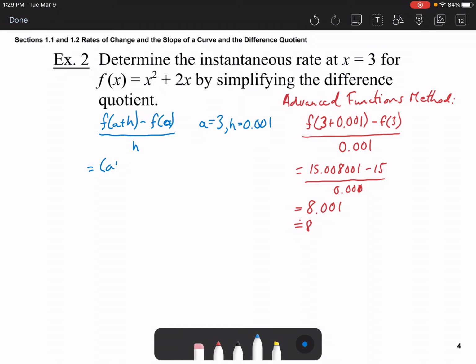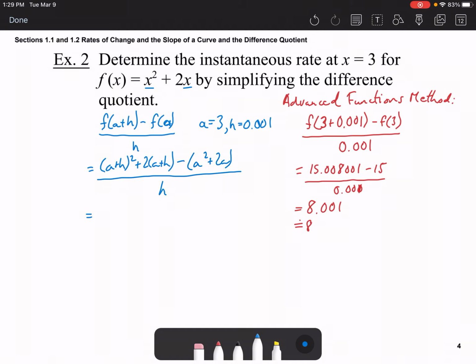So here we're going to take a plus h squared plus 2 times a plus h. That's because we're substituting a plus h in for our function. We're going to subtract f at a, which is just a squared plus 2a. And we're going to divide this all by h.